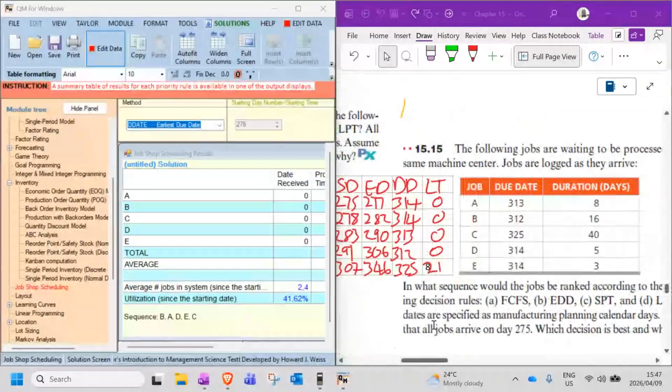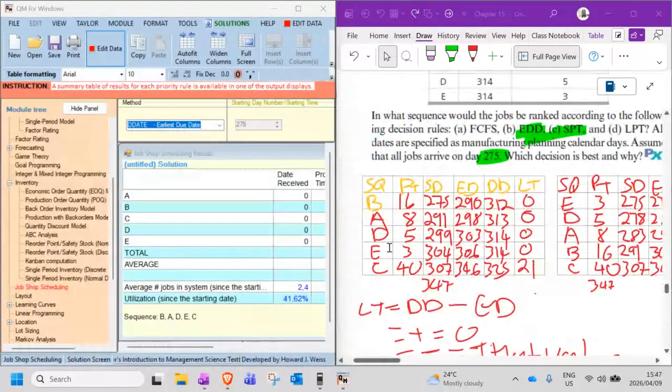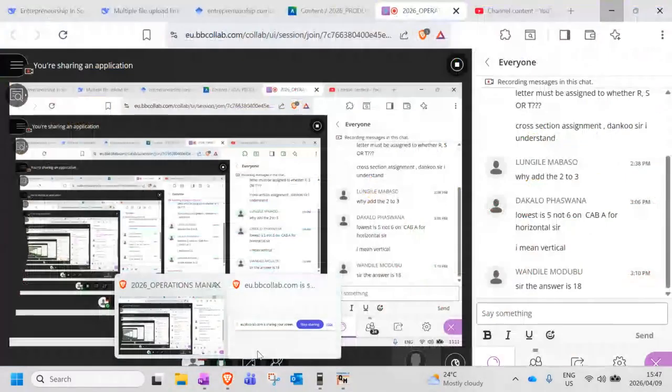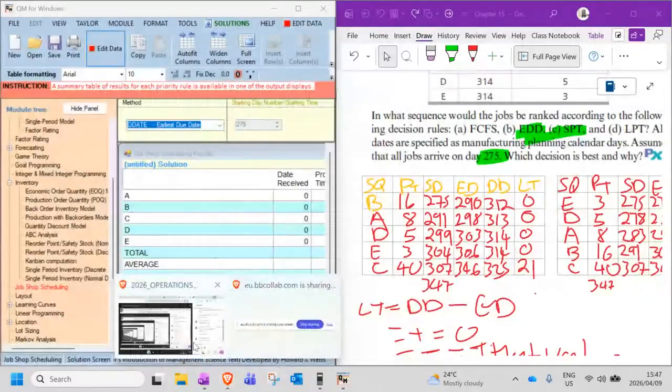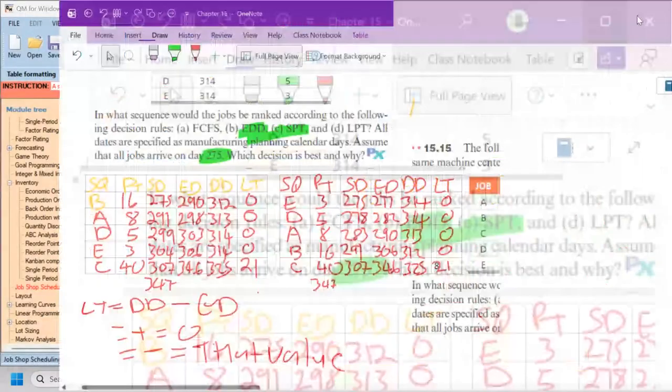And then the sequence is BADEC. We also found 21. And then we have to do this critical factor. Oh, yeah. Now let's use critical factor.